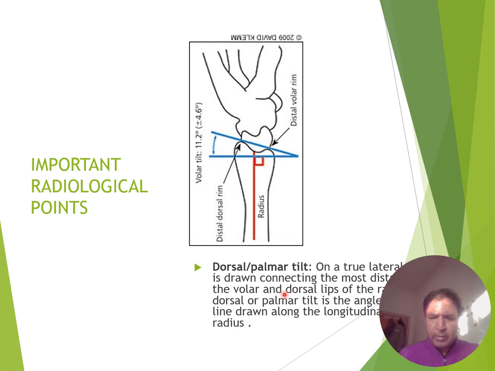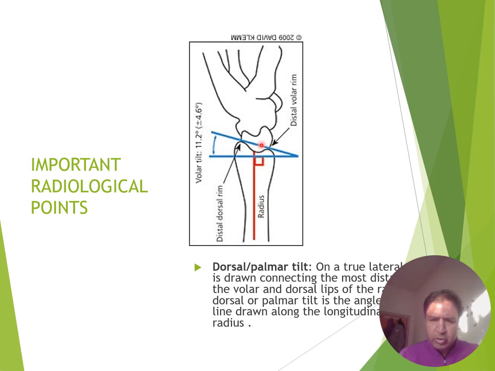Dorsal palmar tilt on a true lateral is drawn connecting the most distal volar and dorsal tips. The tilt is the angle with a line drawn along the longitudinal axis of the radius.